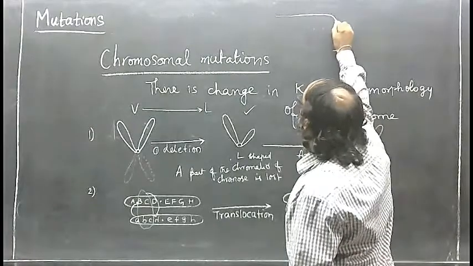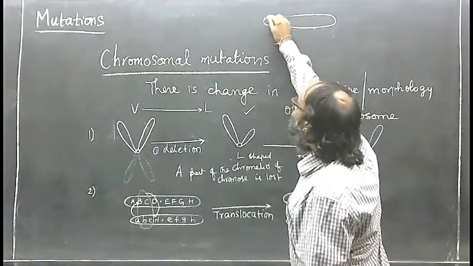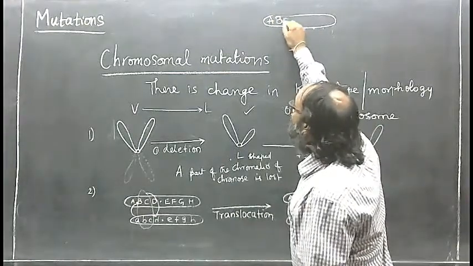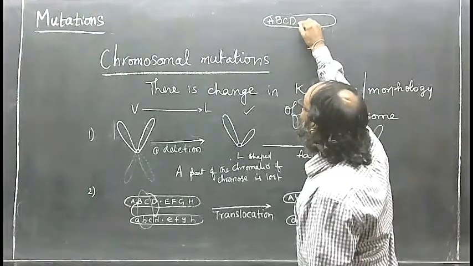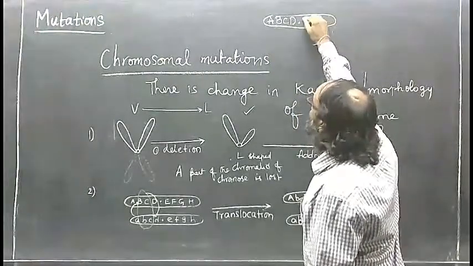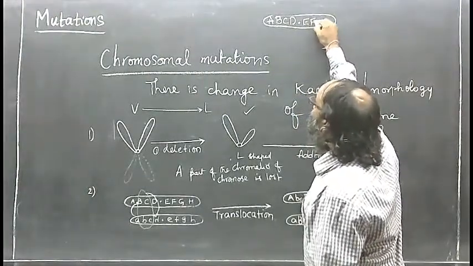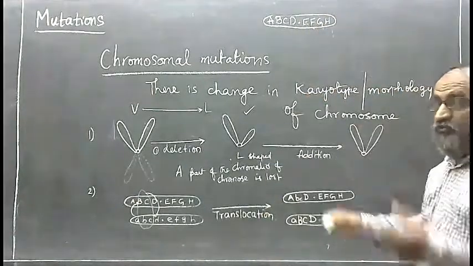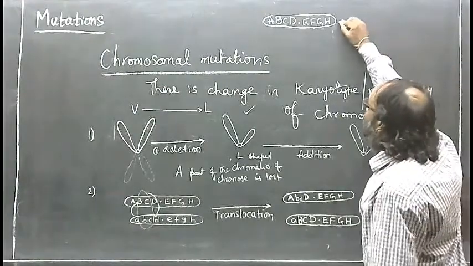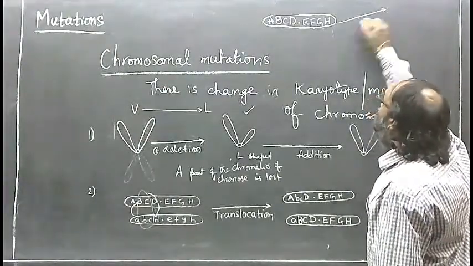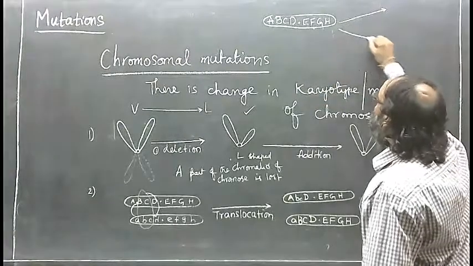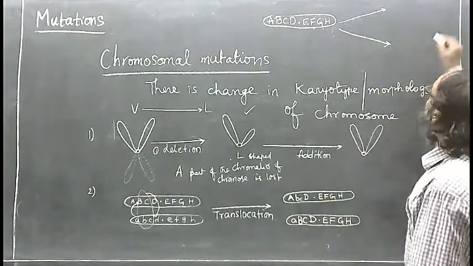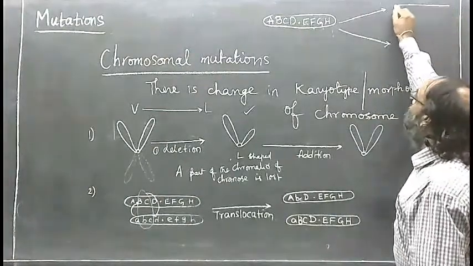This is the chromosome that we have with A, B, C, D, centromere, E, F, G, H. Suppose this is the chromosome with different segments. Now it has undergone mutation in two different ways. Observe the first way of mutation.